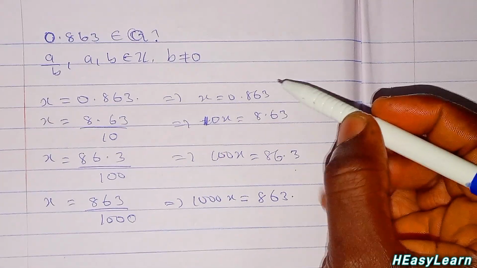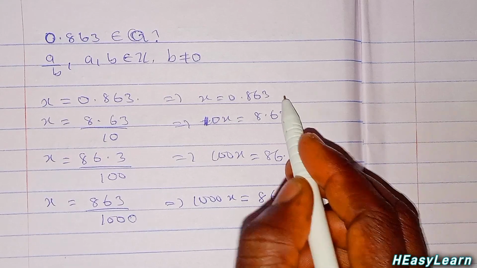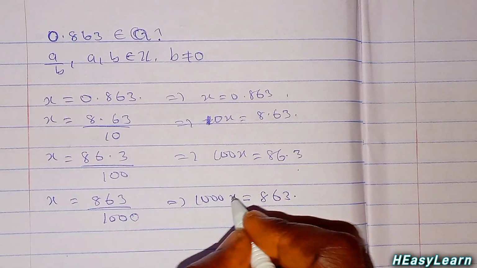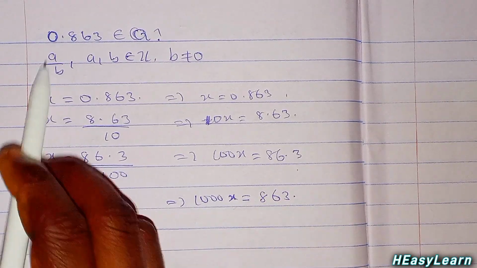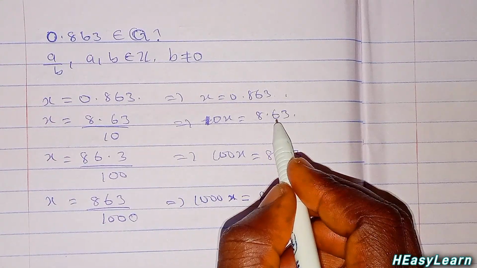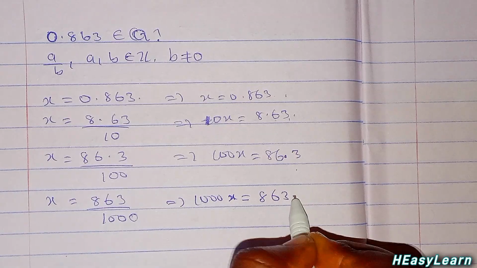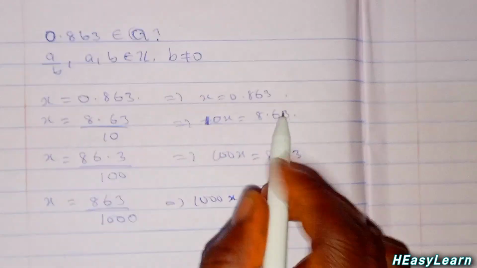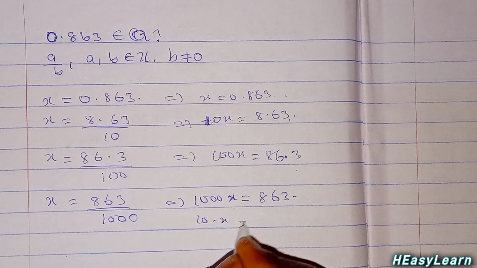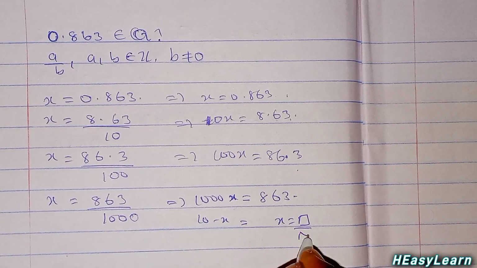So after decimal point, which one rhymes together? There is no one that rhymes together, so that we can pick the two, subtract it, and check the fraction that form 0.863. 863 is not the same thing as 63 after decimal point. It's not the same thing as 3 after decimal point. So there is no one after decimal point that we can pick together, subtract, and find the value of x to give us a fraction.